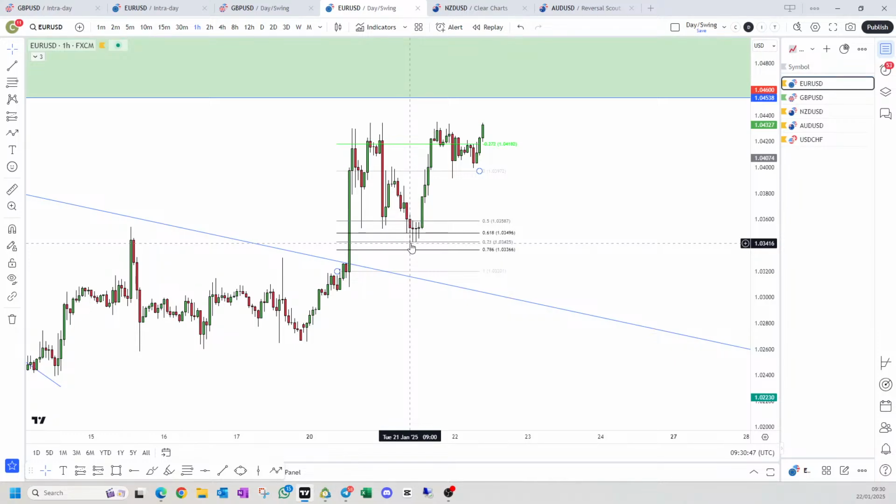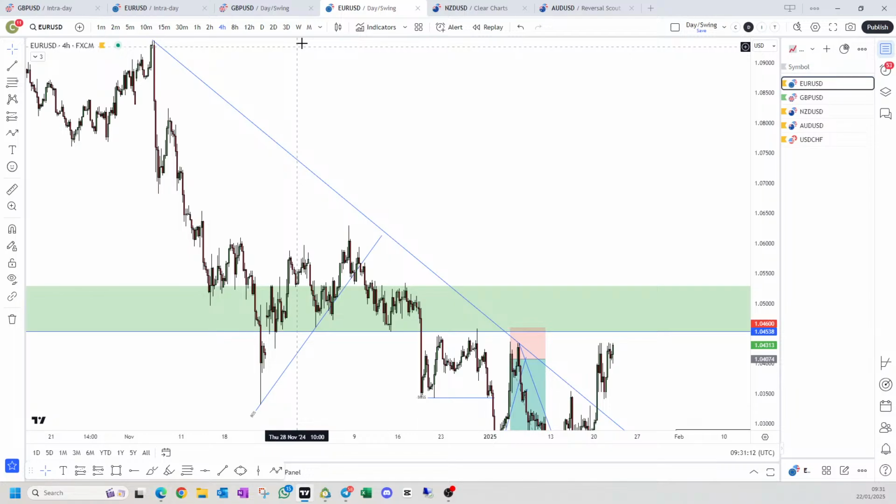We've had a break of structure from that. What we want to see is some form of substructure. So if this is a daily trend, you can even connect the dots here.